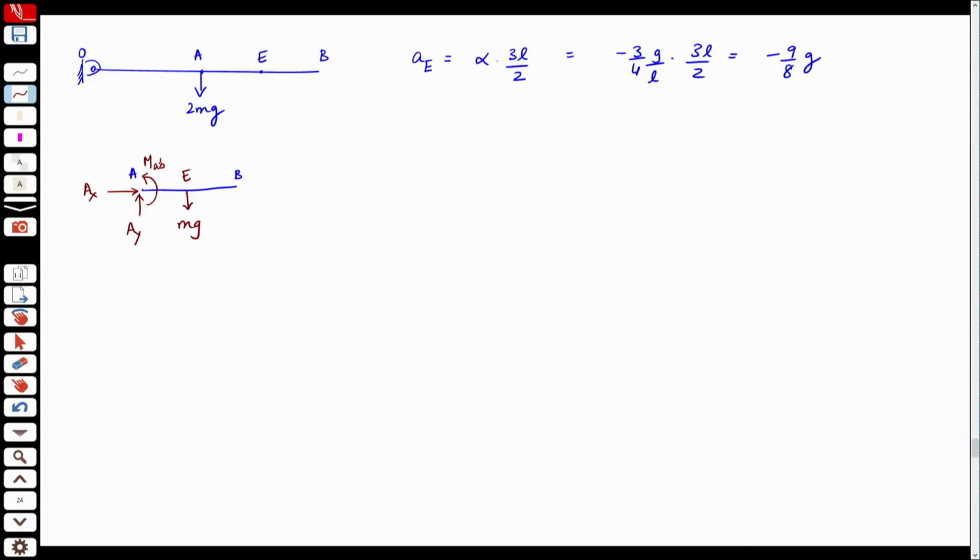Now here is a case where the kinetic diagram becomes important.